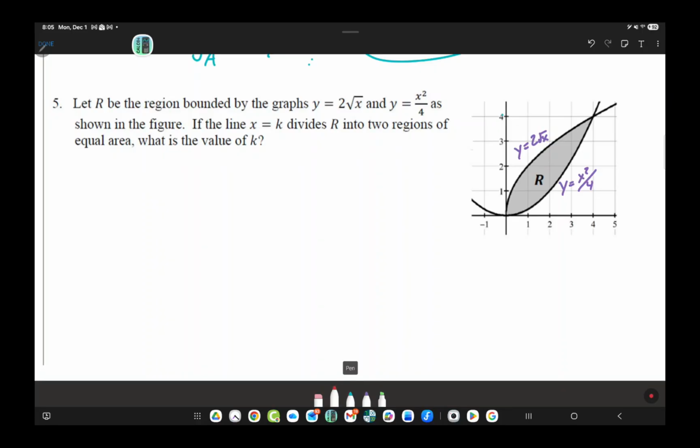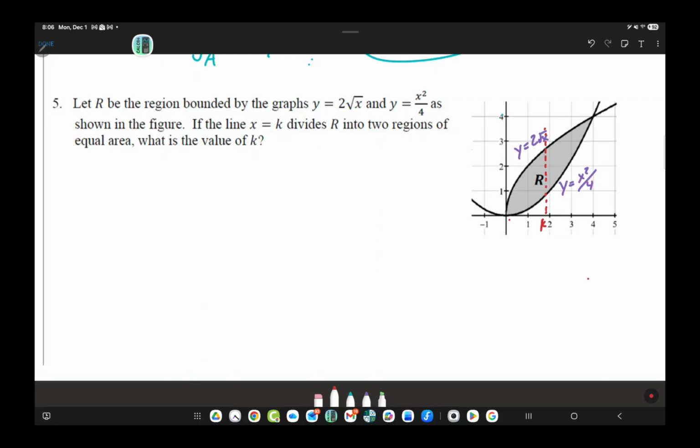So we're going to just draw up a little pretend line right here. Let's move it over a little bit so we don't see it exactly as 2. So we want to find some value k that's going to separate these into two equal parts. Now, if you remember, this is about the integral of the larger bound minus the smaller bound over the boundaries.